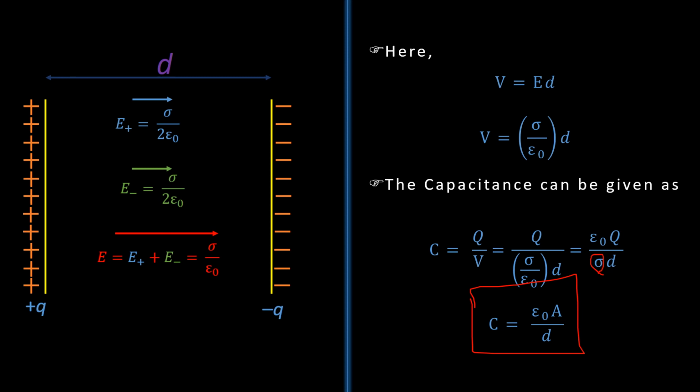So it is very obvious that D is appearing in the denominator and area is in the numerator. One more thing this expression indicates is that if you change the medium between the two plates, you can change the capacity. Right now we don't have any medium between the two plates, it is considered to be vacuum, but this expression indicates that if we change the medium, we can alter the capacitance. We'll do that later in the forthcoming topics.